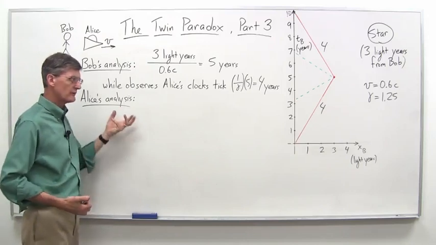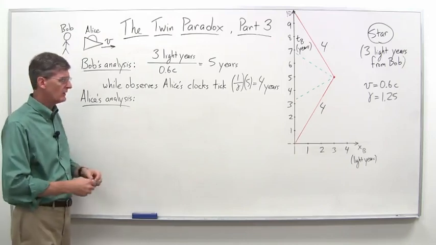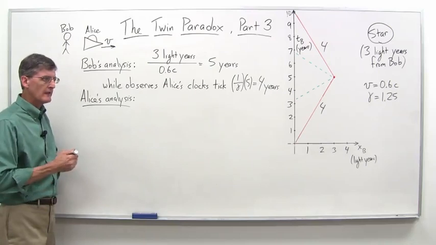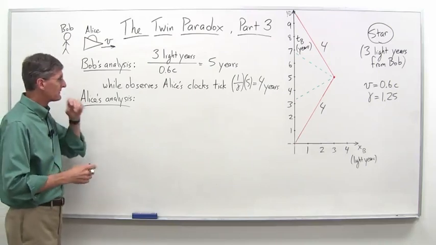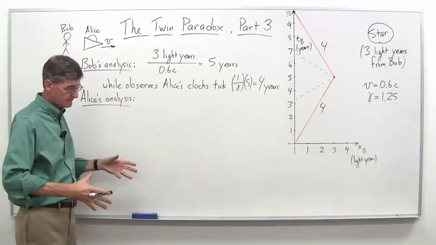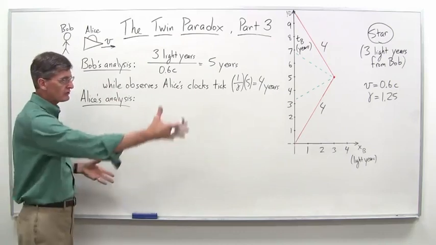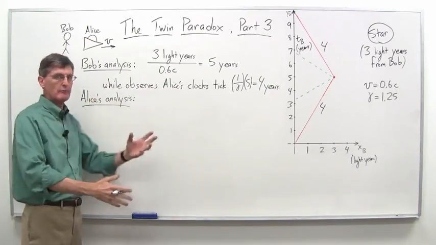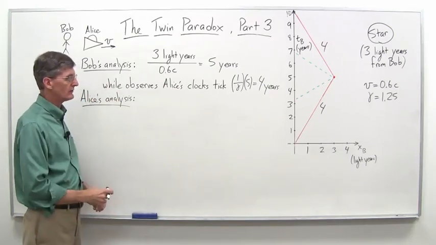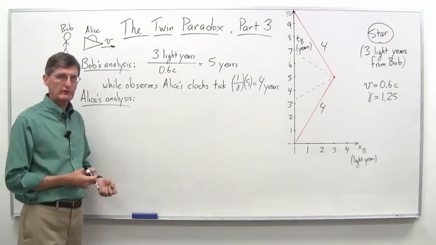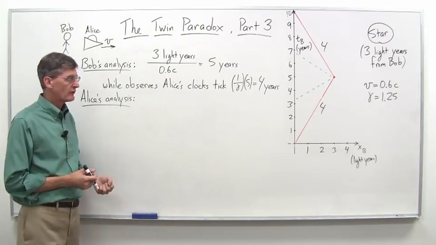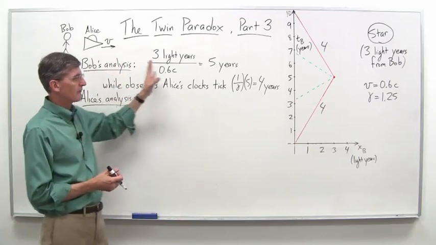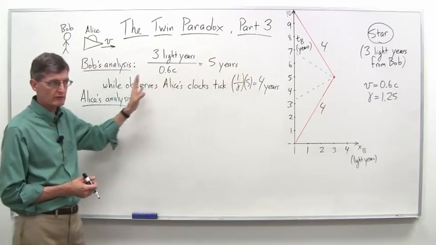The hard part again comes on, what about Alice in terms of her analysis? What does she think? Well, let's think about this a minute. Alice, in her frame of reference, is stationary. She's going to see the star coming toward her and Bob receding backwards in the distance. And remember, that means there's a length contraction effect. So in Bob's frame of reference, it's 3 light years to the star.